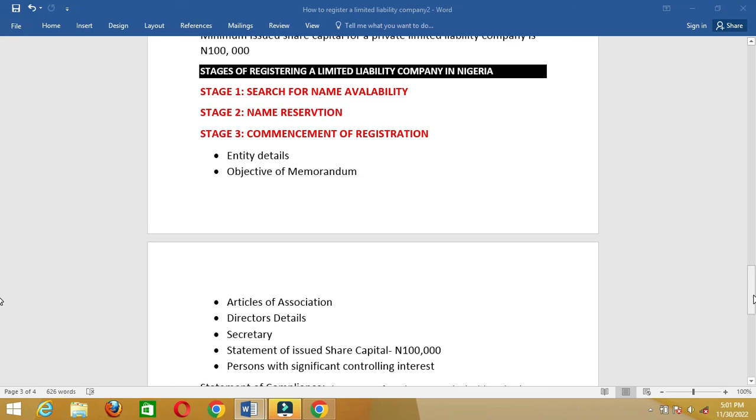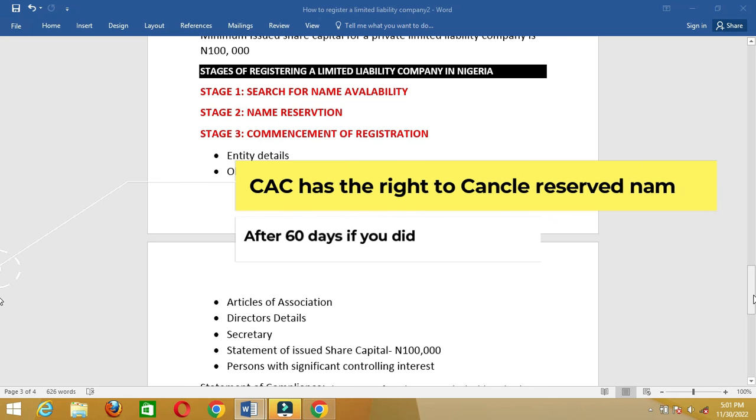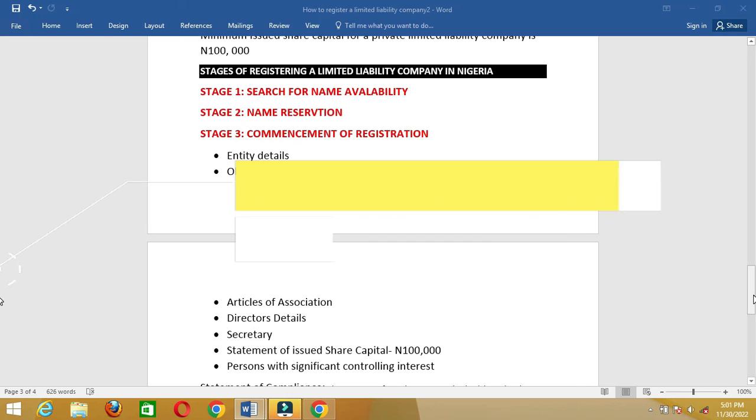Usually, name reservation after approval has a validity period of 60 days. After 60 days, CAC will revoke your name reservation, and anybody can claim such name. So as soon as you apply for name reservation and CAC approves it, the next thing you need to do is commence your registration process.